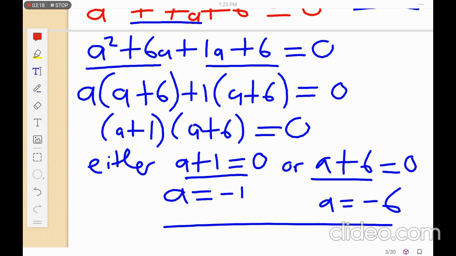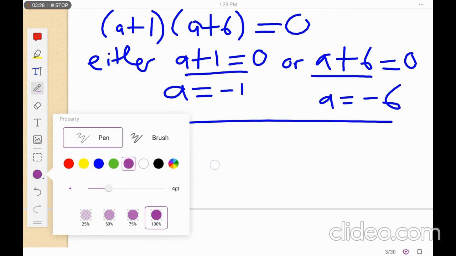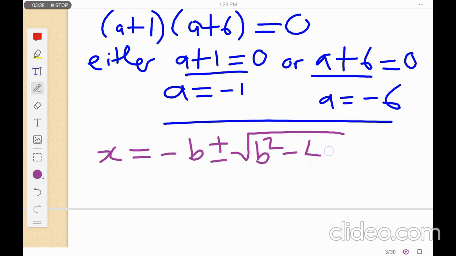The second method, I'm going to use the formula. This formula says x is equal to minus b plus or minus square root of b squared minus 4ac over 2a.